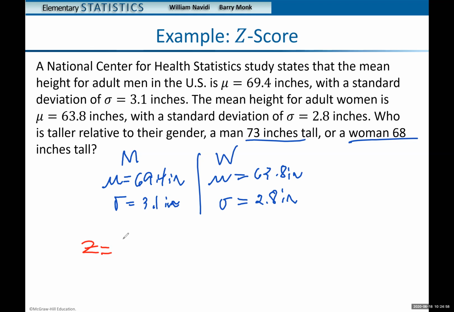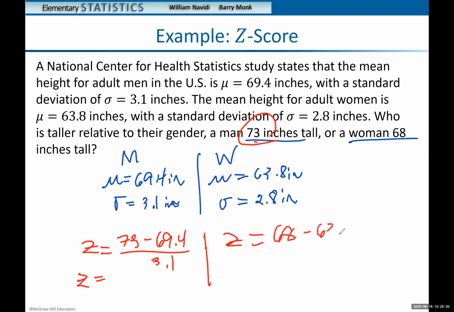For a man 73 inches tall, that's 73 minus the mean, 69.4, over 3.1. Use your calculator to find the answer here. And the other one, for a woman 68 inches tall, z is equal to 68 minus 63.8 over 2.8.